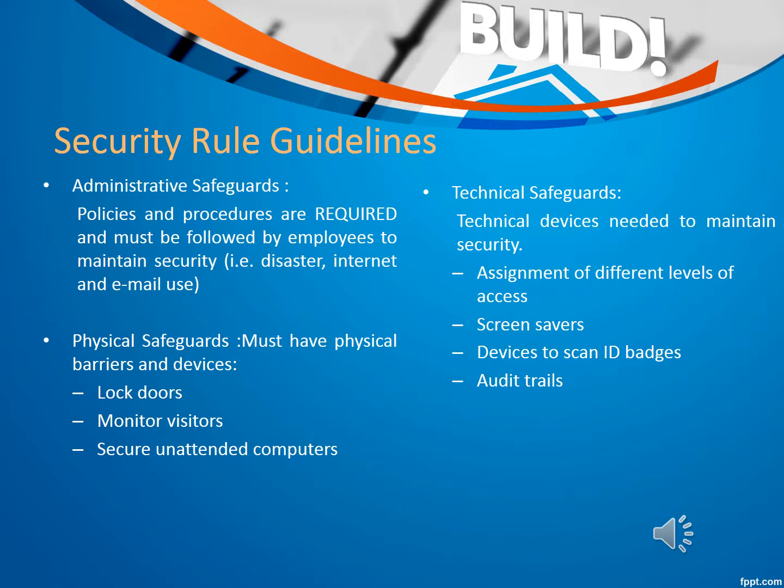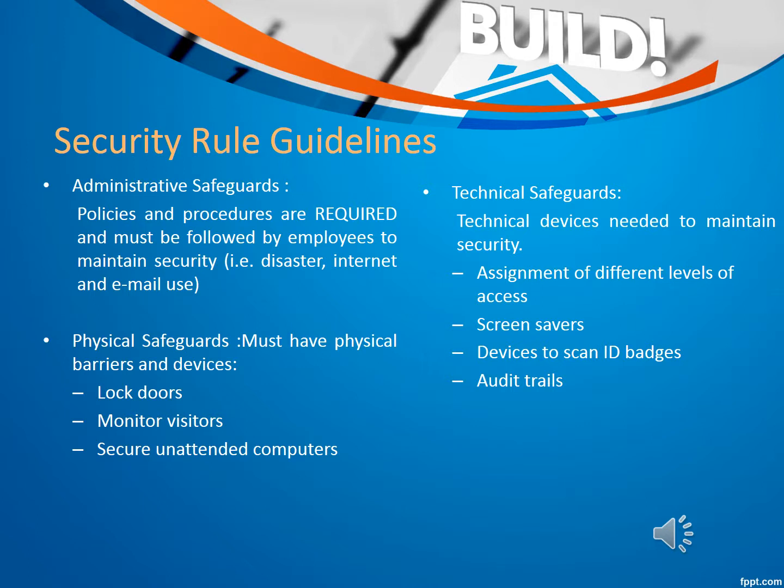The physical safeguards would be more towards physical barriers and devices to control access to the area where PHI systems are hosted or where users usually access those records, which must have locked doors. It should also monitor visitors if they access those areas, and these systems must be attended to secure the access.